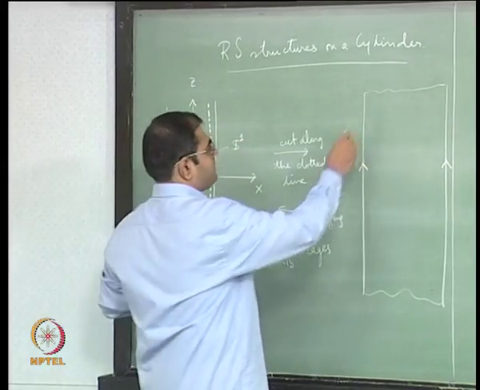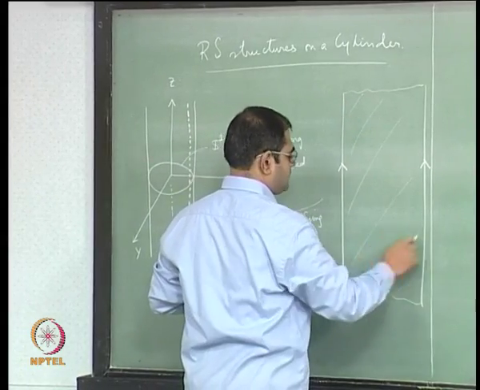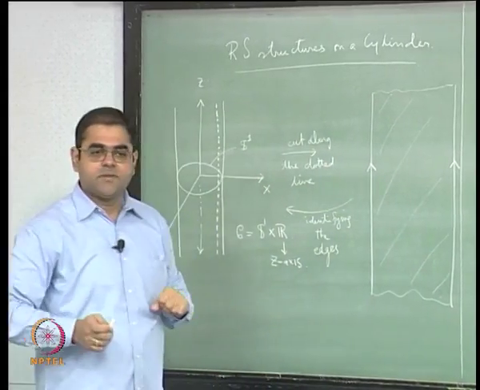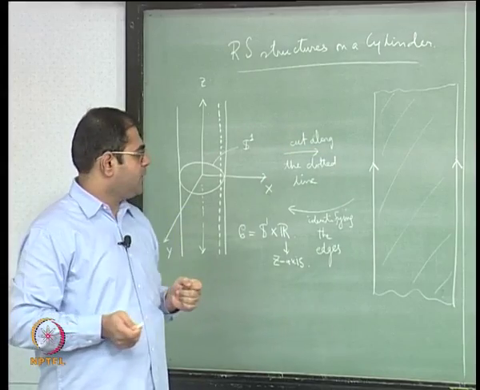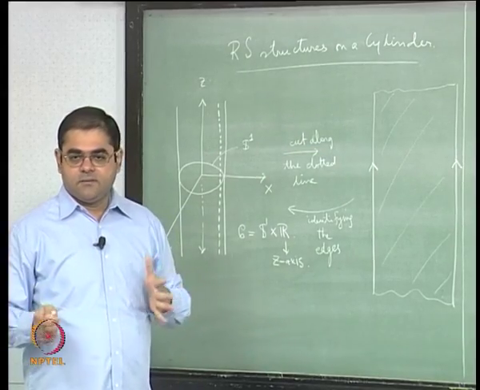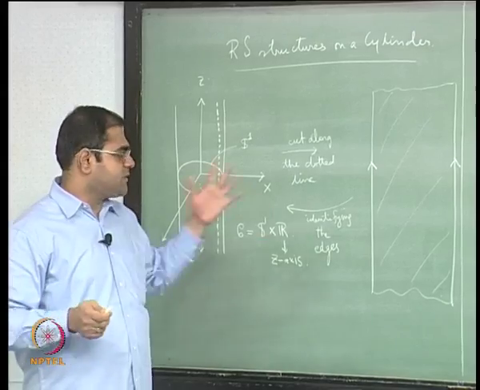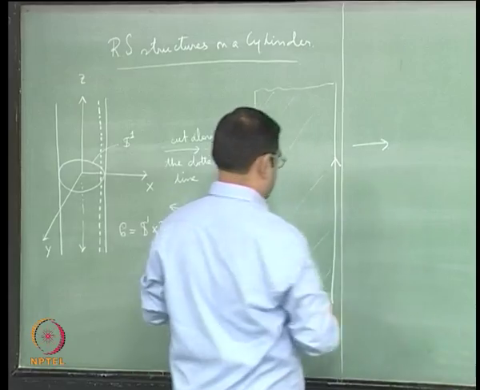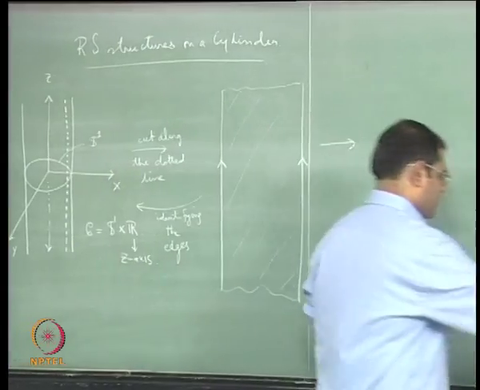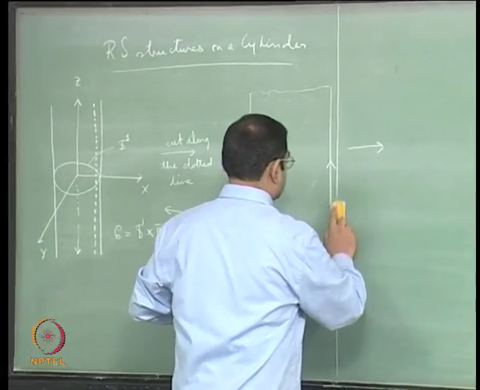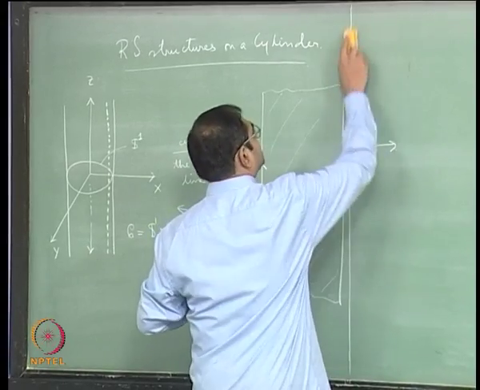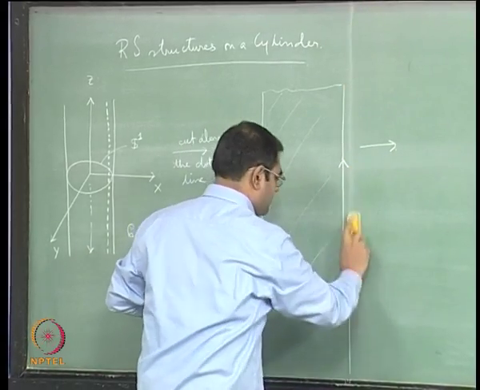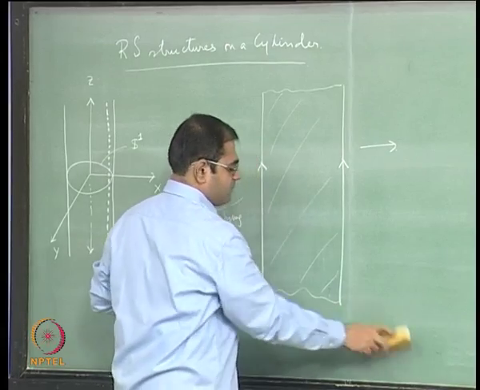So here is my strip. It's still not quite the plane, but you can make this into the plane in the following way. At least for the moment, let me erase this dividing line, because I may need the whole of this blackboard.